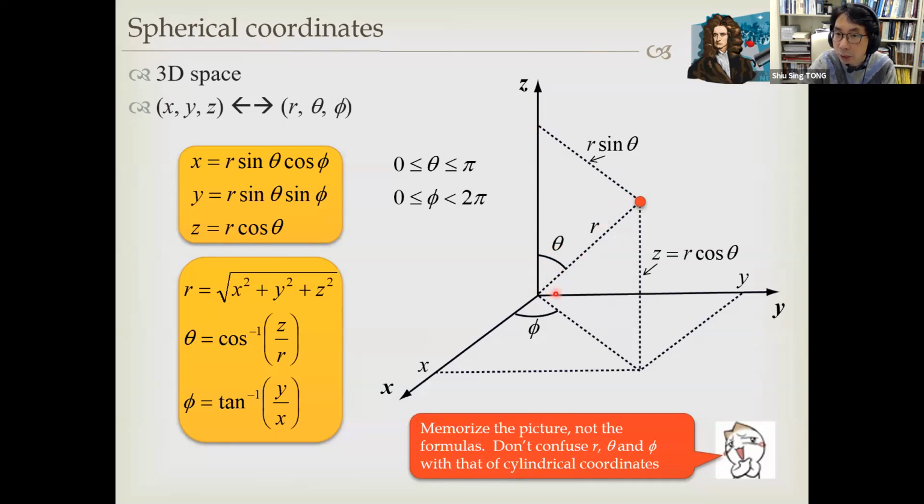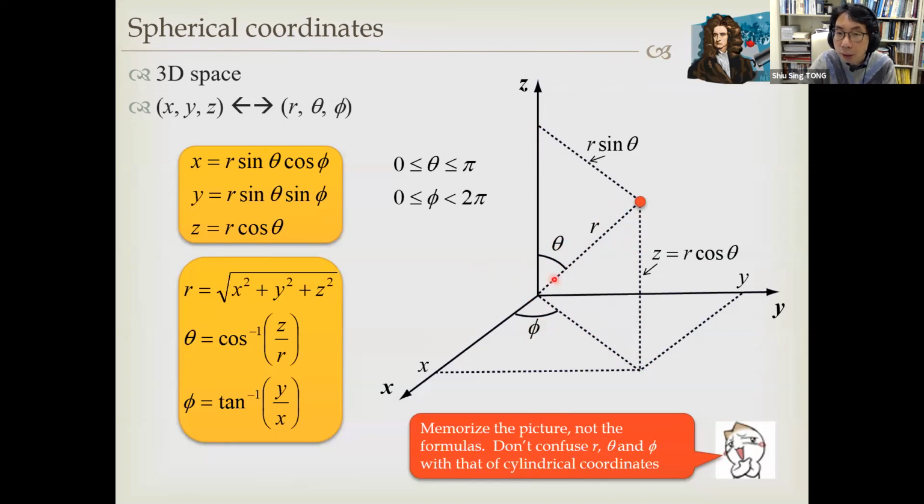This is the line joining the point and the origin. The angle between them is called theta. Okay, and again, I can make a projection of this point onto the xy plane, and I draw this line from this point to the origin, and this line makes an angle phi with the x-axis. So that defines another angle phi, which I call azimuthal angle.